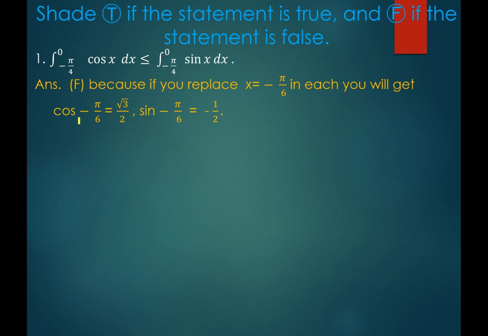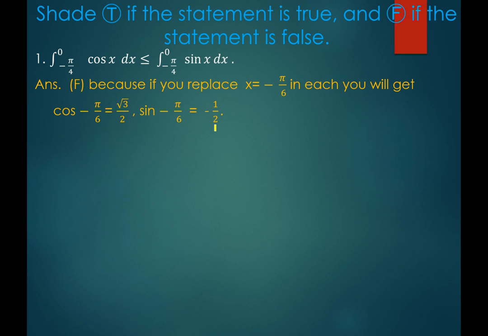Let us see. Cosine negative pi over 6: since cosine is an even function, the negative disappears. That means cosine 30 is root 3 over 2, which is 0.8. And sine negative pi over 6 is negative, and the negative appears because sine is an odd function.